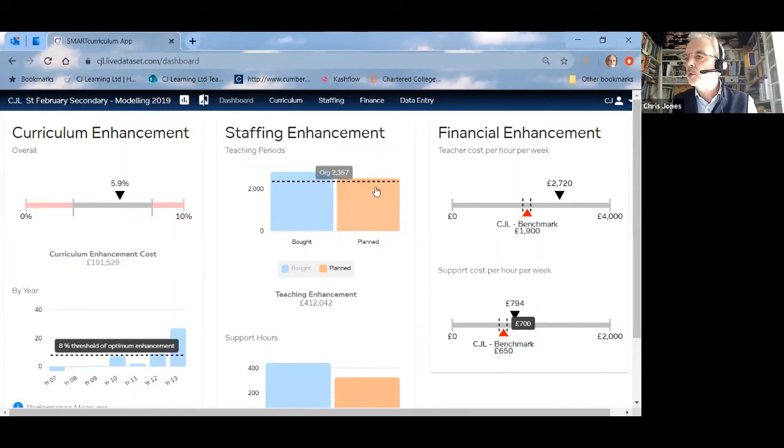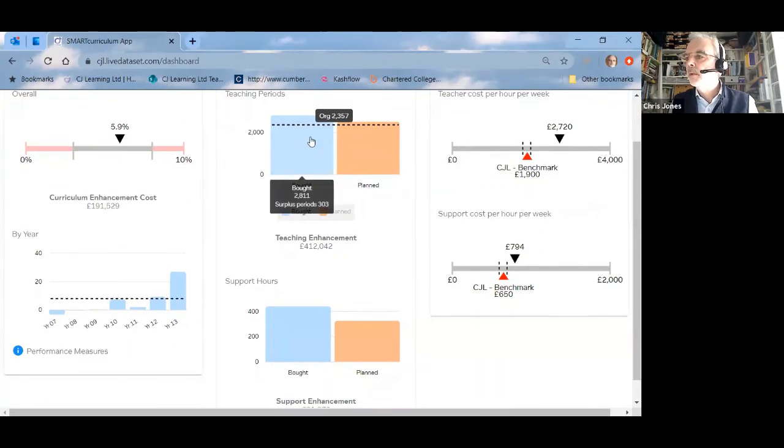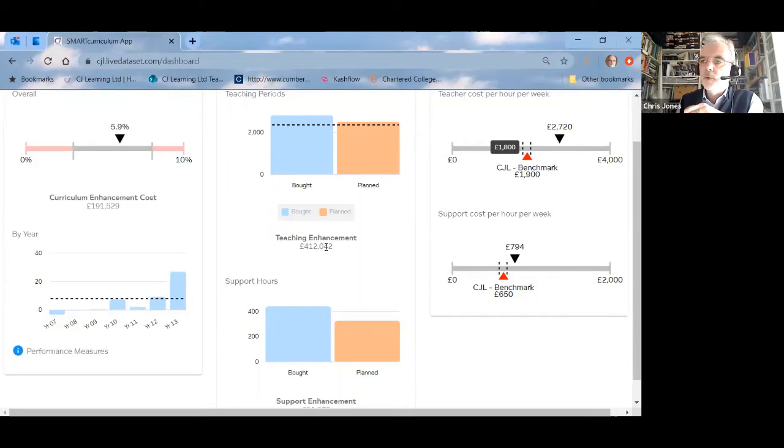Now, in this school's terms, this school has got 303 surplus teaching periods. How the school chooses to use that time is entirely up to the school. Obviously, 303 teaching periods surplus at a cost of £2,720 per hour means that there's £400,000 sitting not doing much.